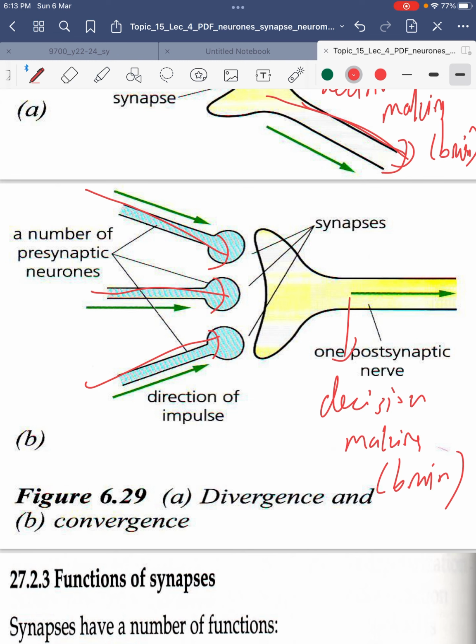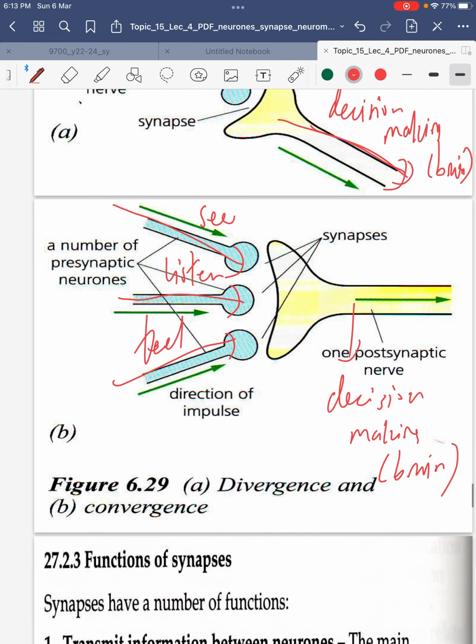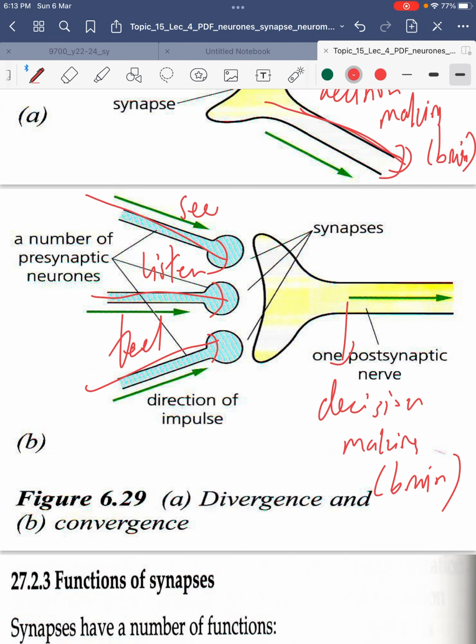For example, you need to be able to see, listen, and feel, all in one, and then that will cause you to make an important decision. Okay, so it's like that.